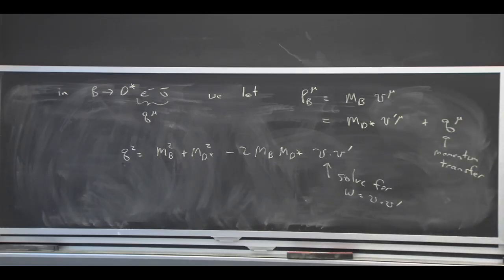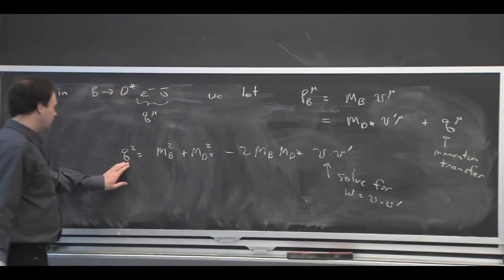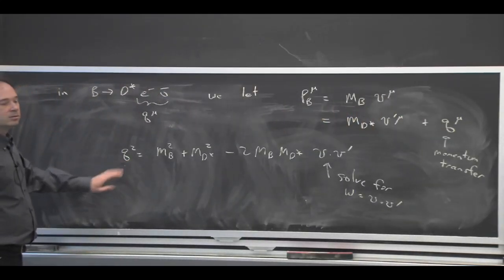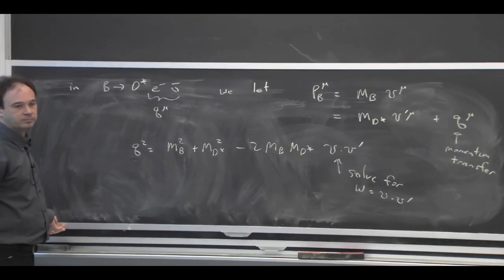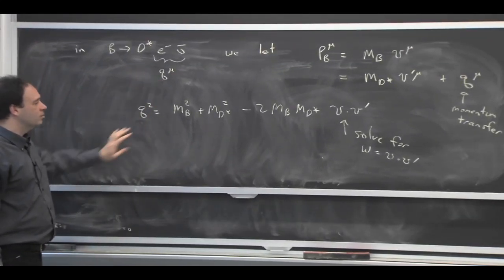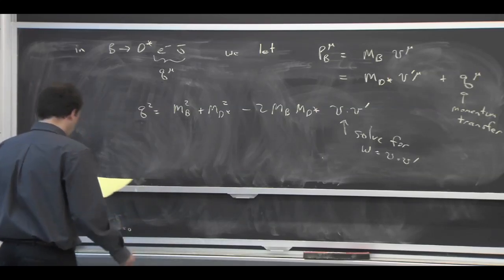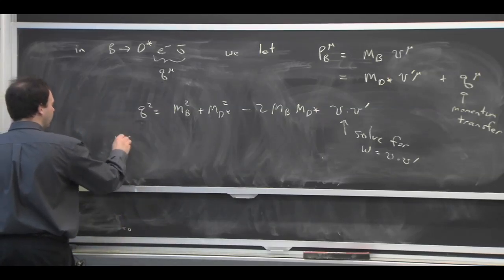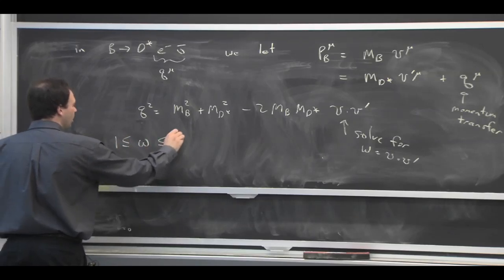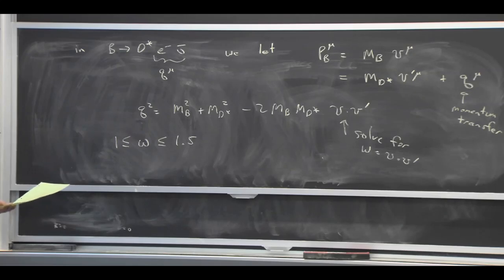Now it's a function of q squared. Q squared can vary in the process. So in that sense, it's a non-trivial function, not just a fixed number. But for any fixed kinematic configuration, any fixed q, then it would just be a number. So if you look at this in practice, you find that this guy, for this particular case, goes from 1 to 1.5. So that's the kinematic range that's allowed.